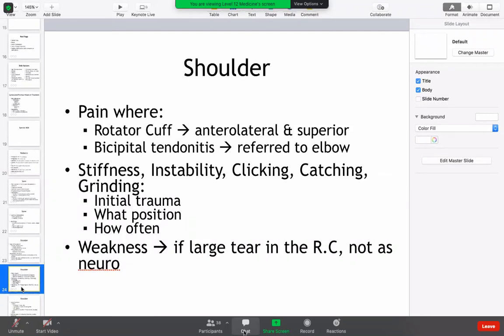If the patient presents with weakness, then you should consider a large rotator cuff tear, which is called pseudoparalysis. Not necessarily is this because of nerve injury, but sometimes it is caused by a large muscle tear, and that will give you pseudoparalysis.